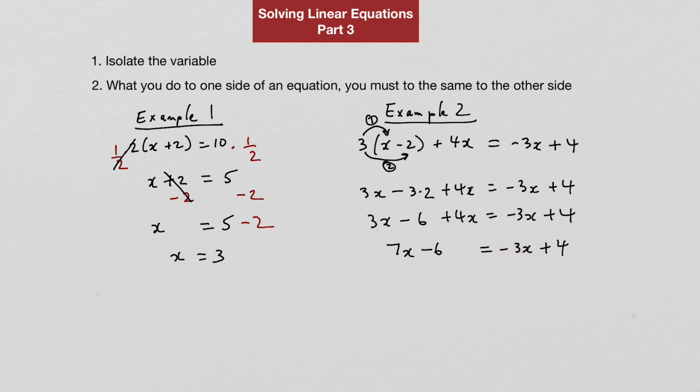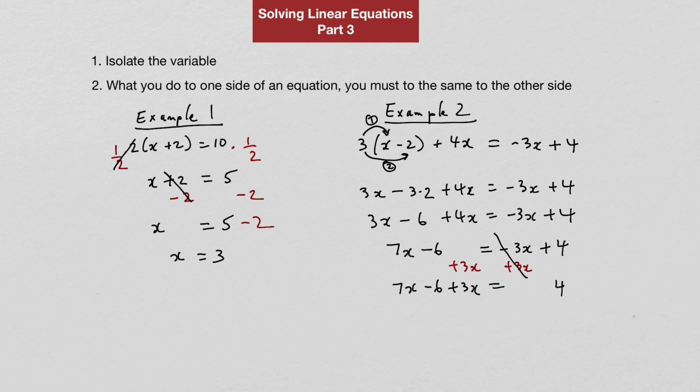We have a negative 3x, so what we're going to do is add 3x to both sides. And by doing that we get 7x minus 6 plus 3x is equal to 4, right? Because these cancel out. Negative 3x plus 3x is 0.